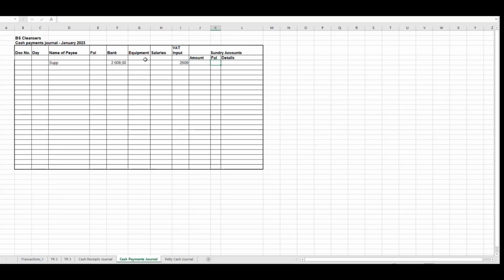Okay, but we'll have consistency issues. But for now, let's agree equipment and machinery are the same thing. I think we've written machinery somewhere. Machinery and equipment are the same thing for now.